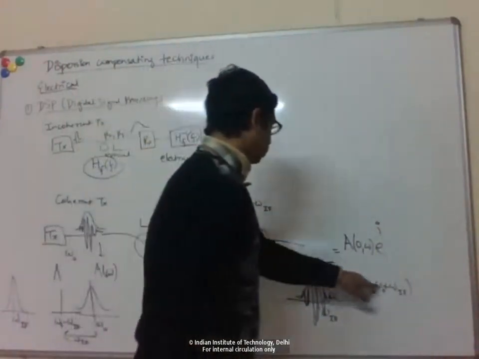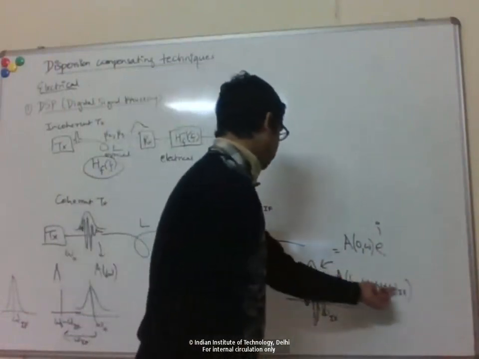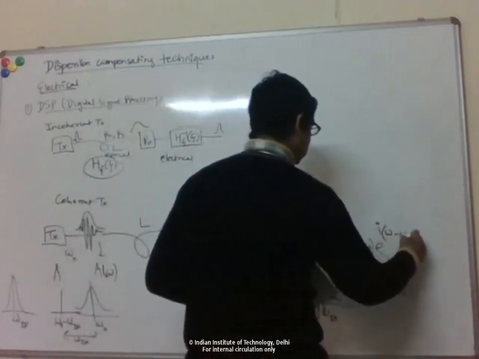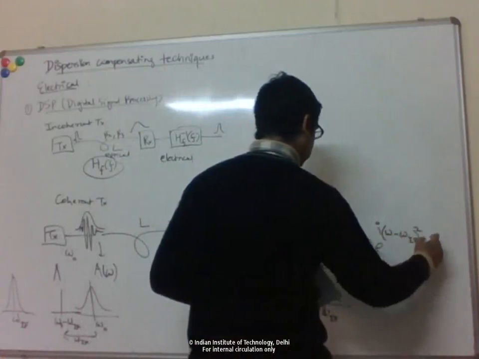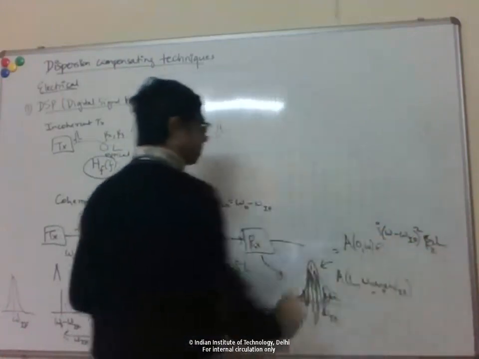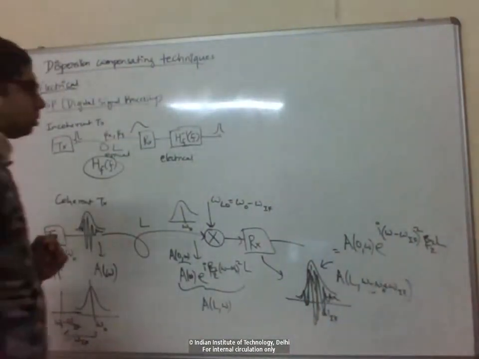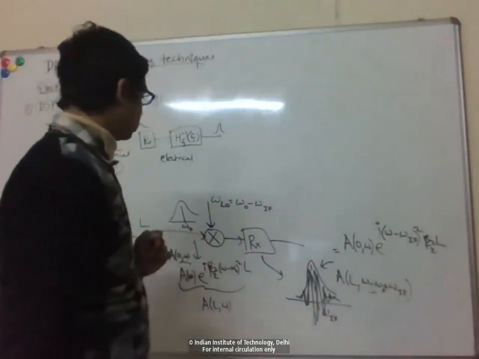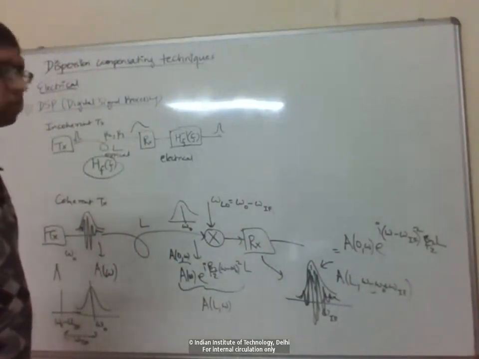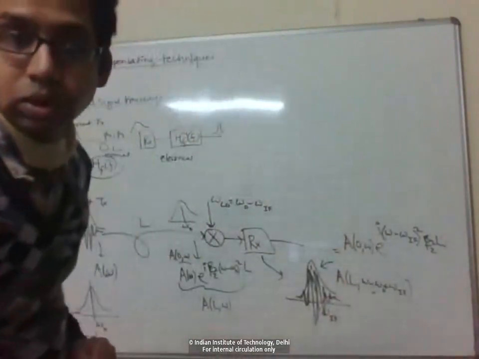So I put this additional factor here, you can see, so this will be now something like that. Right? So it's just centered at omega I.